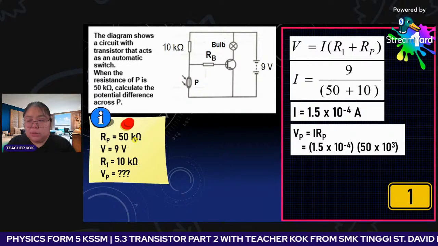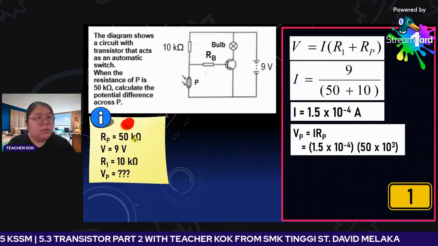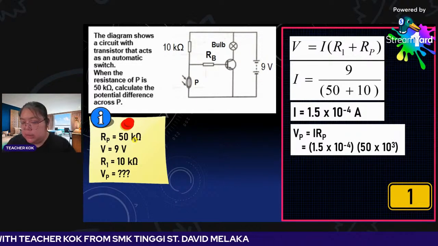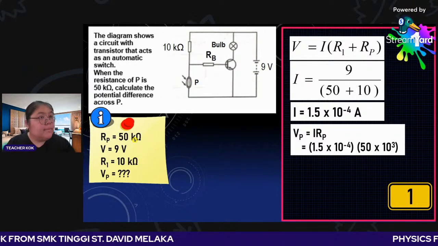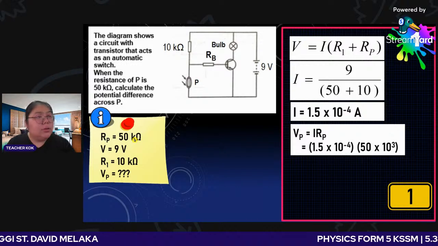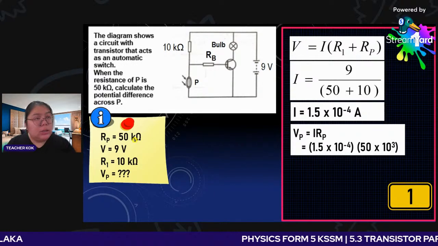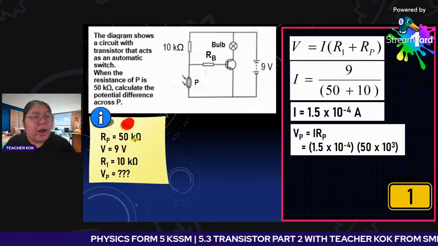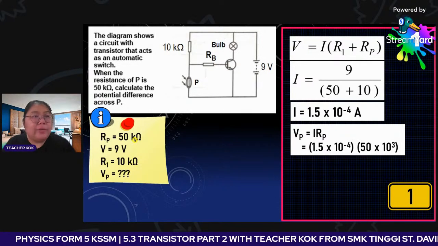Anyone? Just type in the chat room so that I can see it. Nobody? You can find VP just using the current, if the information is enough.